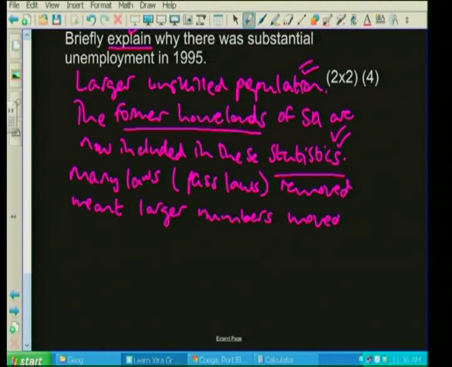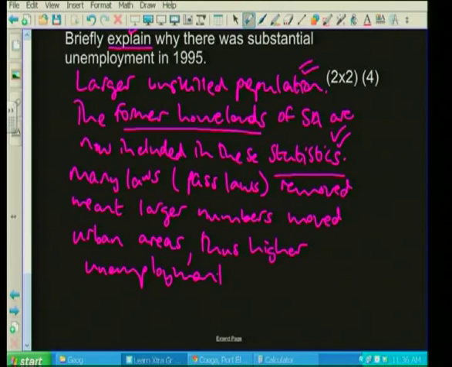And when they moved to urban areas, they didn't necessarily find a job, and thus high levels of unemployment were the common denominator, or what accounted for the fact that all these people who didn't have jobs or couldn't get jobs are unemployed as they moved to the cities or came to the urban areas. So any 2 ideas here for 4 marks, 2 times 2 will get you those marks over there.